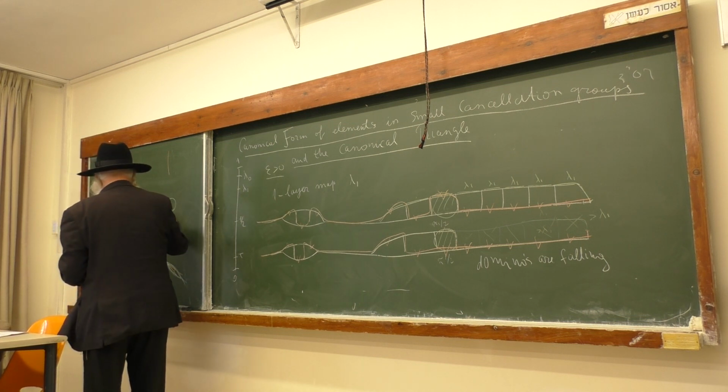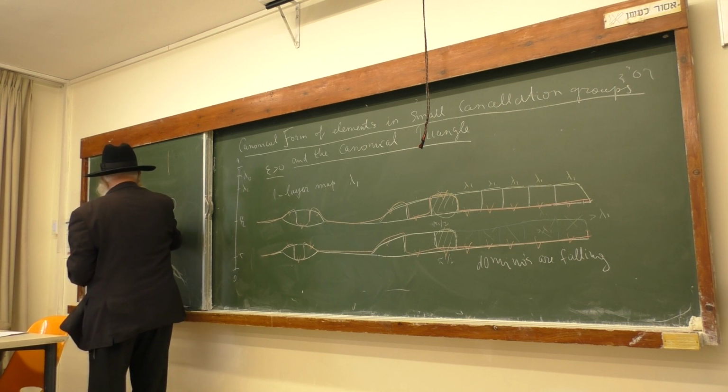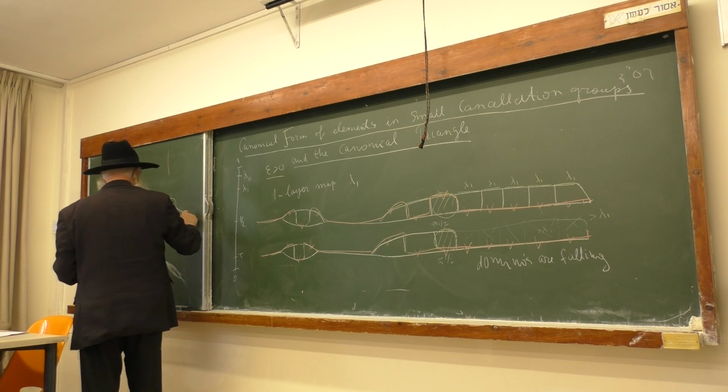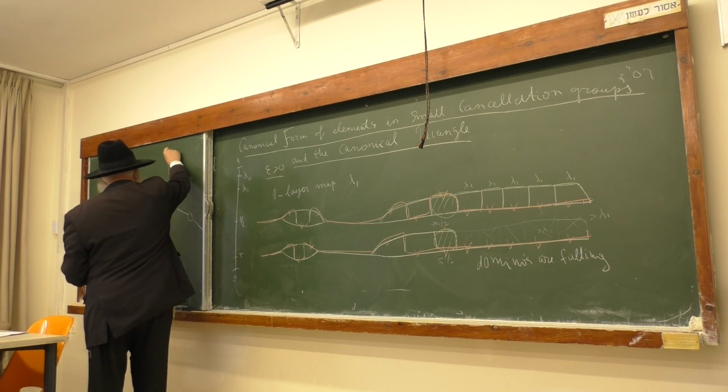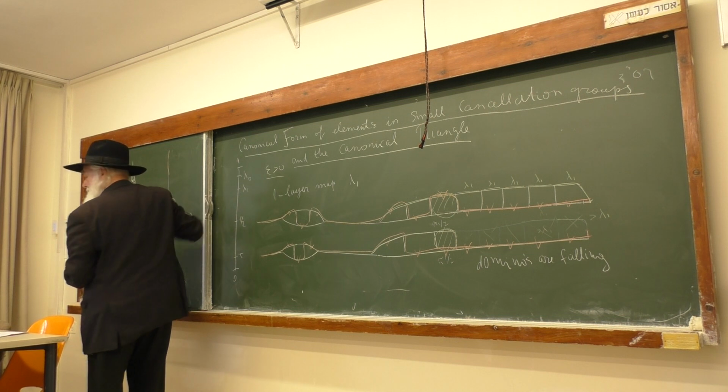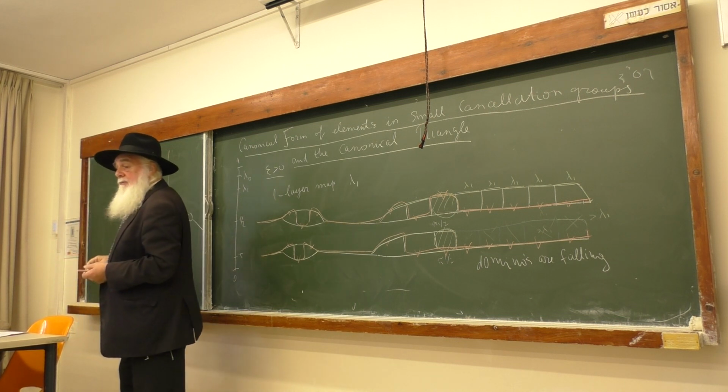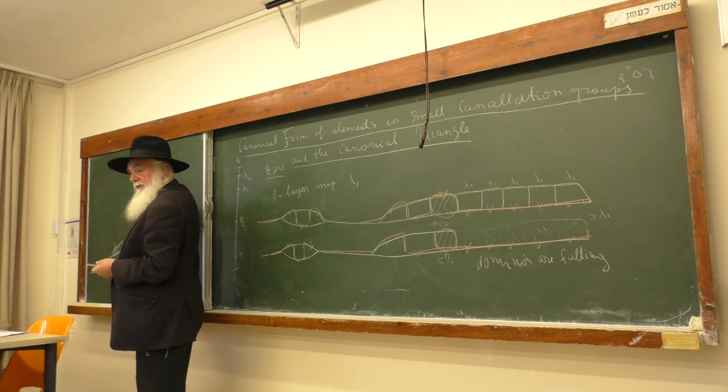Now there may be some discrepancy on this side, some discrepancy on this side. In this example, there was no discrepancy on this, but actually it could also be a discrepancy on this side.